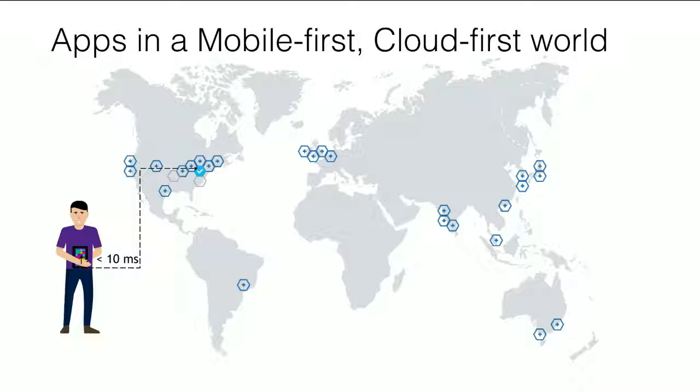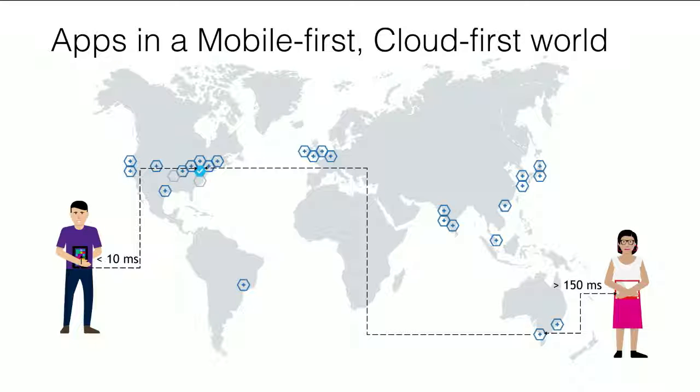And you provisioned your backend on the East Coast of the United States. But your app is becoming popular, and now you have users and customers in Australia. Now, sadly, from Australia, they're getting a much higher response time because they're talking to your backend that is provisioned in East of the United States.